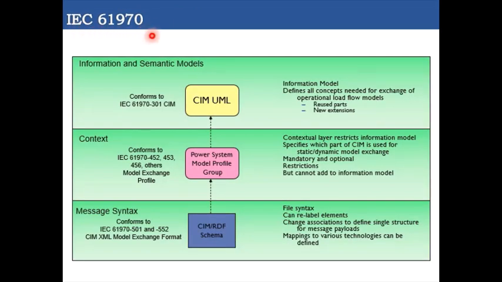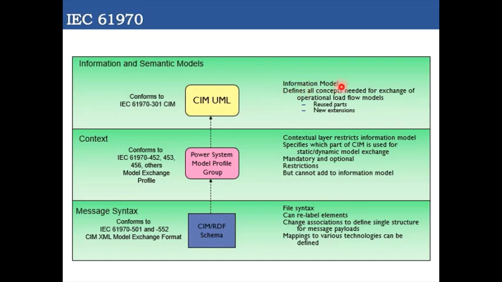IEC 61970 can be categorized into three major subsections. The first section is the information and semantic model, which conforms to IEC 61970-301. That is basically the same UML model which we just saw in the previous slide.